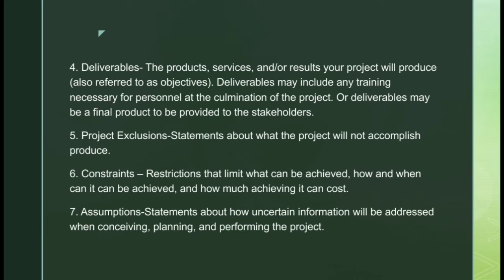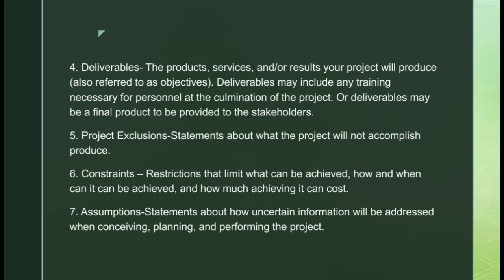So when we talk about deliverables, it is all about the goods, services, or outcomes of your endeavor. Deliverables may include any training required for staff at the project's conclusion. Alternatively, deliverables could be a finished product that is given to the stakeholder.